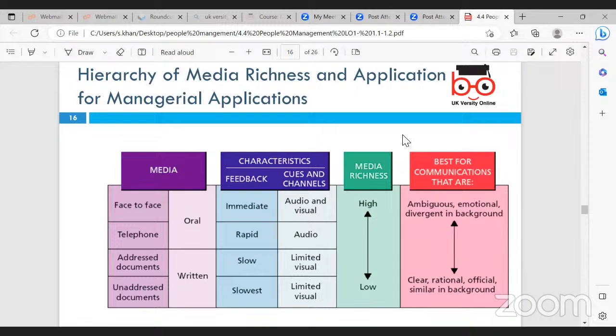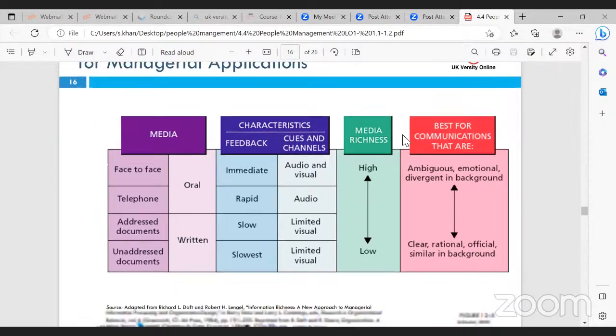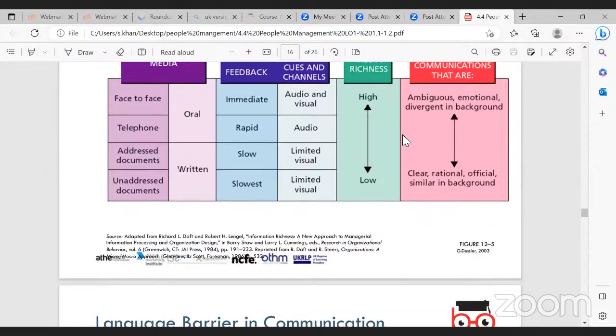The media richness goes from high to low, best for communications that are ambiguous, emotional, divergent in background, and clear, rational, official, and similar in background. So that is the hierarchy of media application for managerial applications.